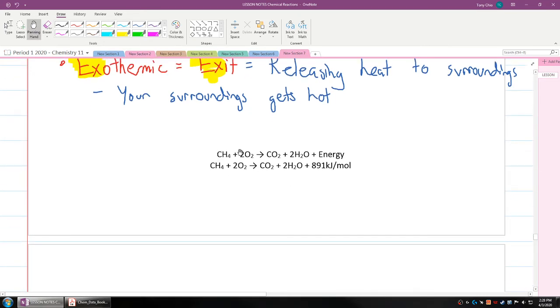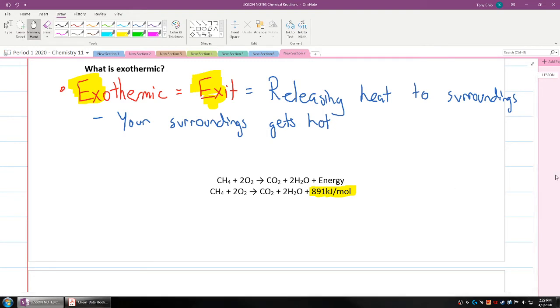You're gonna have CH4 plus two oxygen gas molecules, and thus will be a combustion reaction to form CO2 and H2O. But you're also gonna get a release of energy. And really, how much energy gets released from this reaction, which is methane? You're gonna form 891 kilojoules per mole. Now, you don't need to know where this energy number comes from. You just need to know, well, if you release energy, it's exothermic.